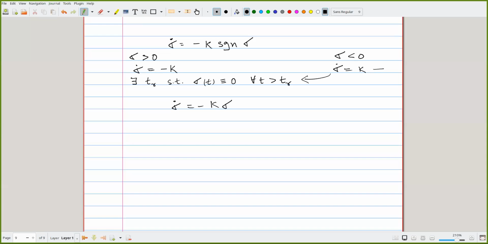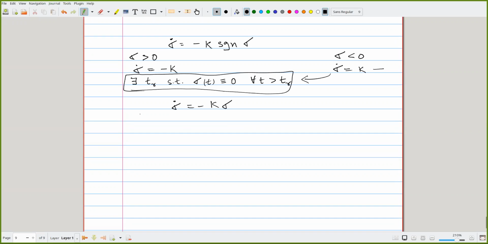Then this condition does not occur there. You cannot find a finite value of tr such that sigma becomes 0 for all times greater than tr.